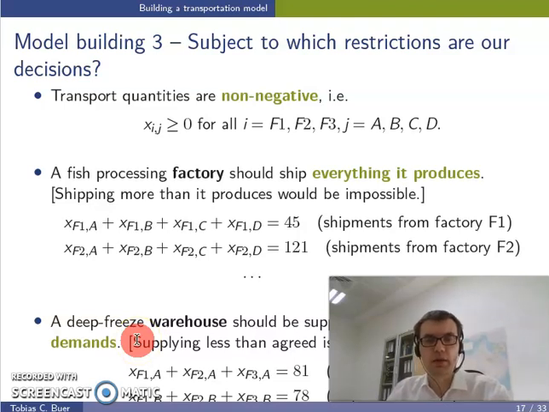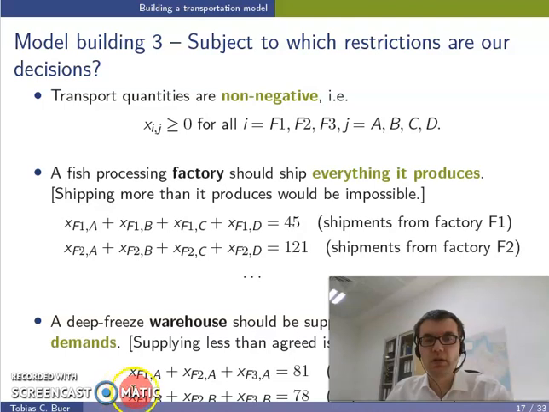So now the first line of this set of constraints reflects everything that is delivered to customer A, which is Lulu. So from factory 1 to A, from factory 2 to A, from factory 3 to A, and the sum of these three should be exactly 81, which is the demand of the Lulu warehouse.